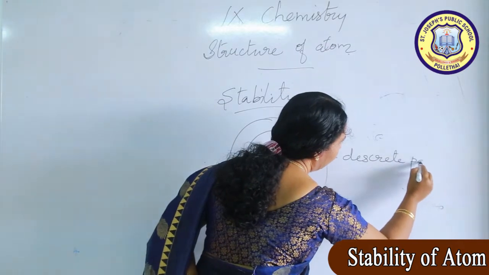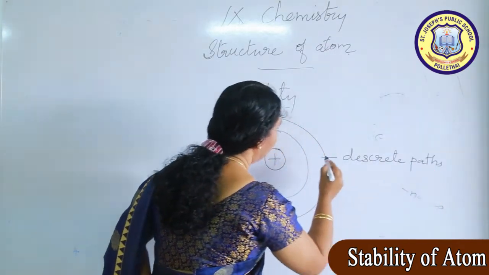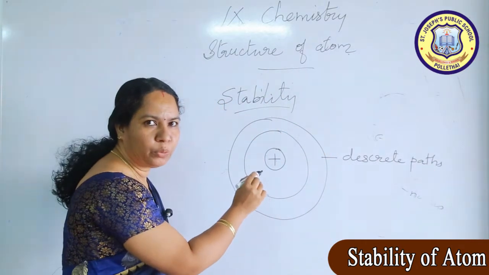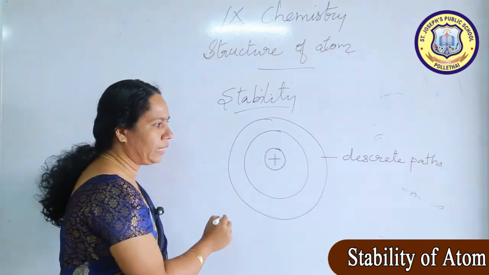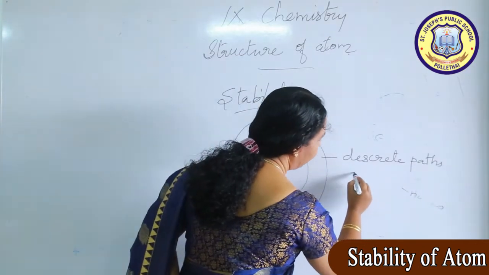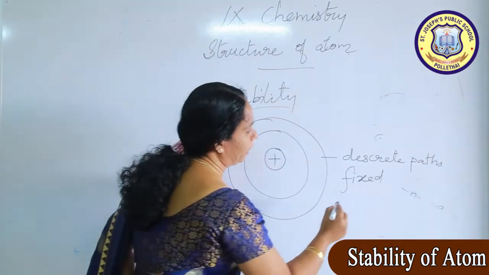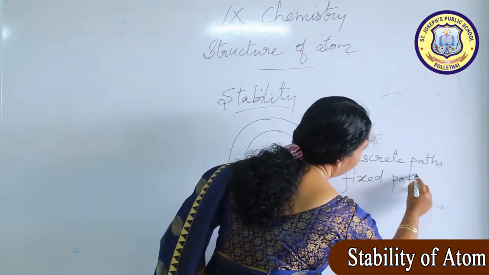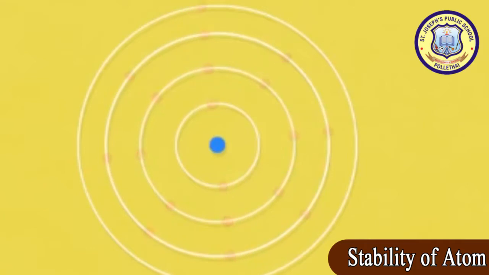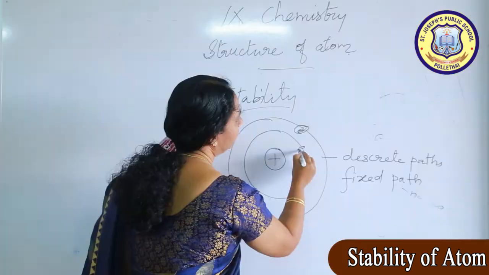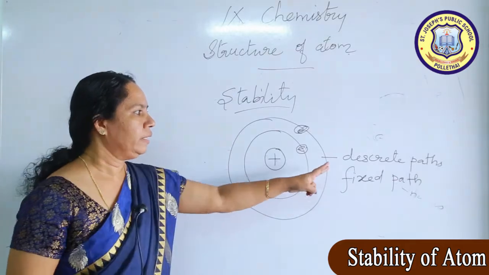Discrete means definite or fixed path. Atom has a center nucleus, protons are present inside the nucleus and electrons are revolving around the nucleus in discrete paths.